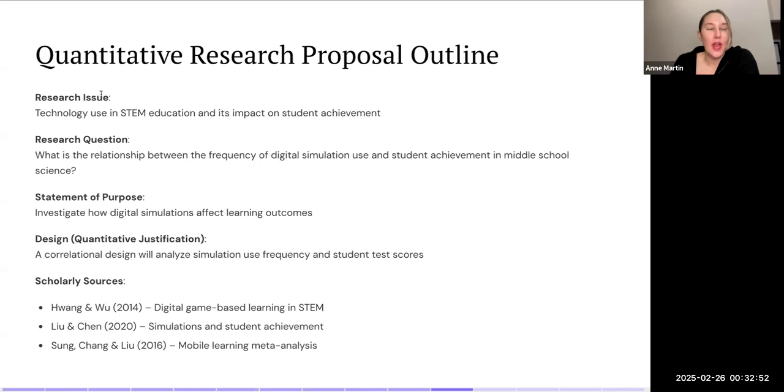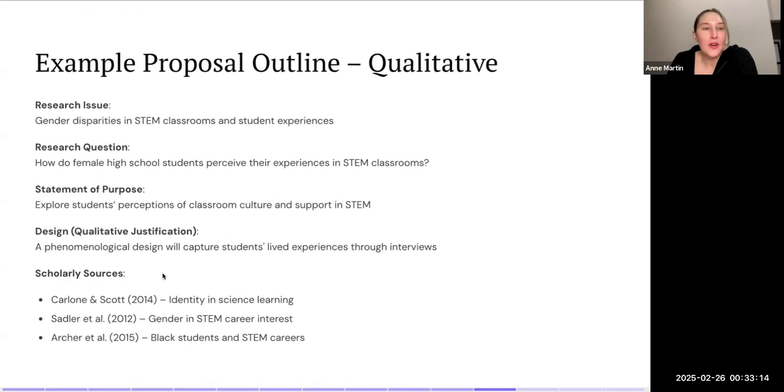So here you can see we have the research issue stated here, the research question, the purpose, and then the design and the justification. Correlational design will analyze simulations and use frequency and student test scores. And then the 3 scholarly sources. These are not in APA format, but yours will be. Here is qualitative.